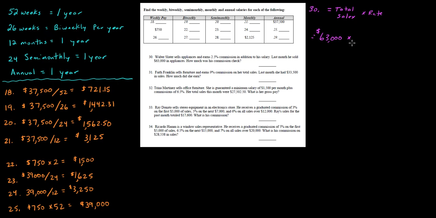Remember, 2.5% written as a decimal, if I turn it to a decimal, I have to go to the left 2 places. So that means that it would be 0.025. So if I go 63,000 times 0.025, that leaves me with $1,575. So that would be my answer there for number 30.